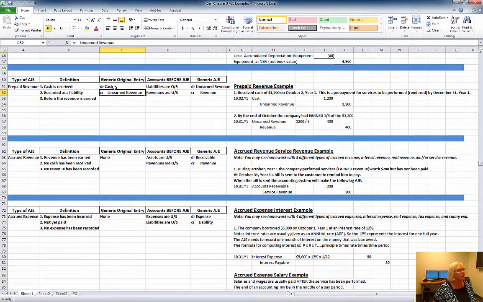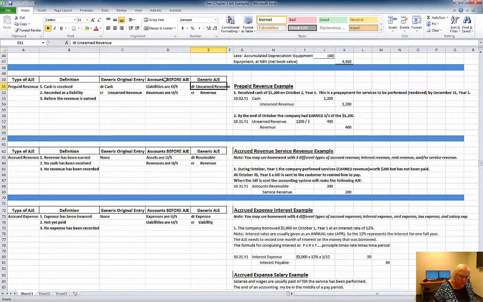All right. When we earn the revenue, we need to make an adjusting entry to take it out of the liability and put it into the revenue. So if we do not make the appropriate adjusting journal entry at the end of the period, then our liabilities are too high because we've got the full amount on the balance sheet and we have not taken any of it out after we earn it.